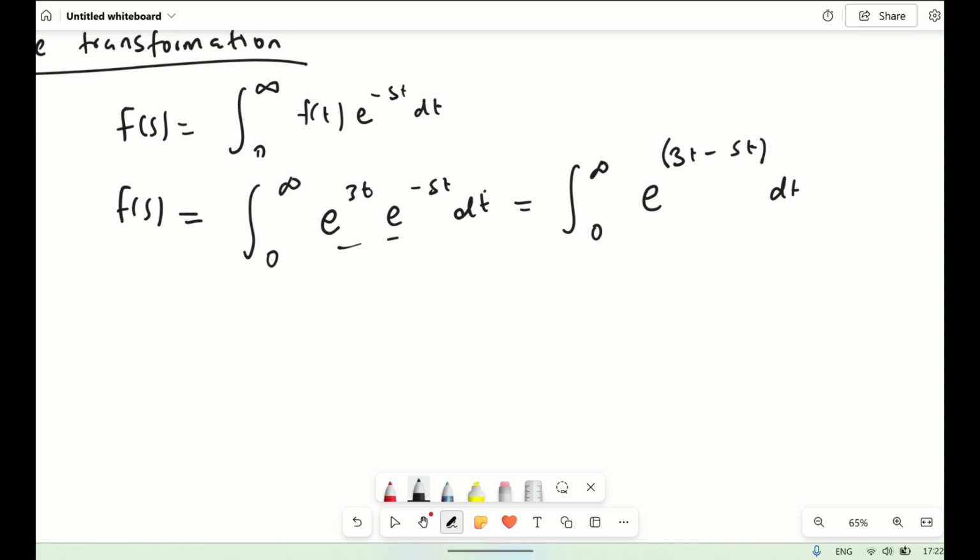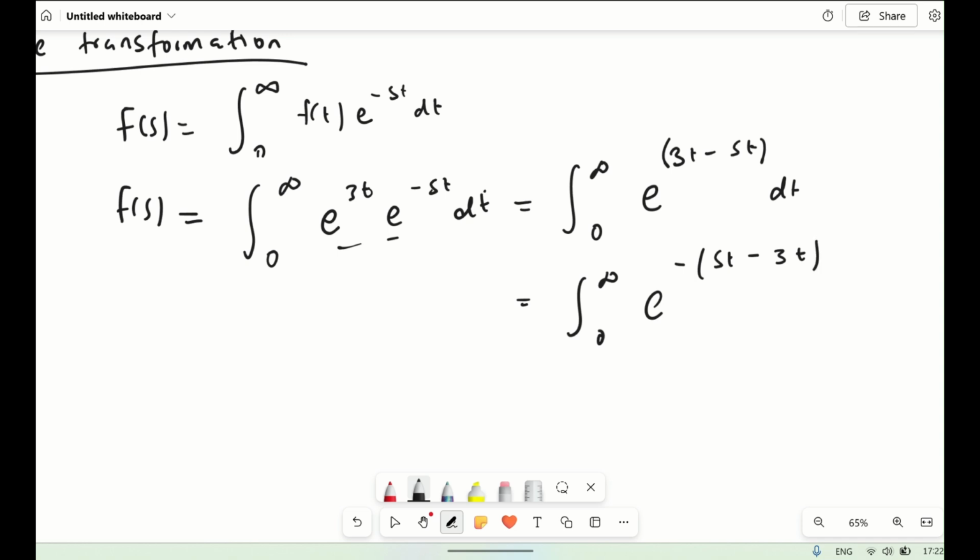I hope that makes sense so far. But then I'm going to take out the common factor, and then I will show you why I've taken out the common factor of negative 1. So I'm going to put it as e to the negative, let me just put st minus 3t.